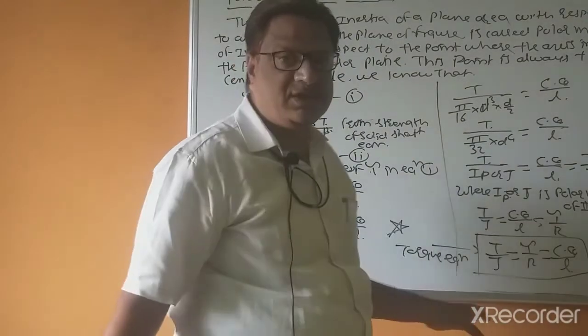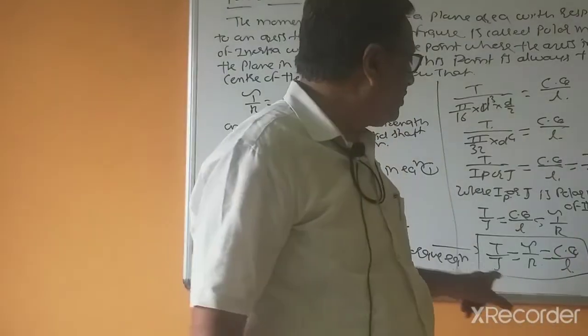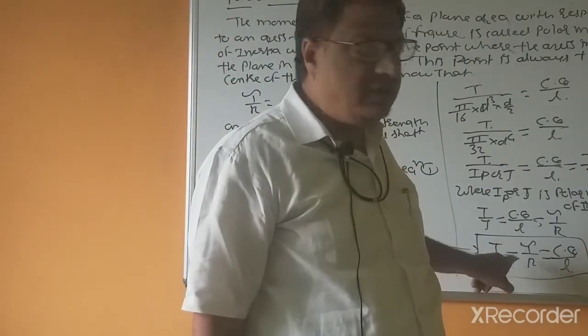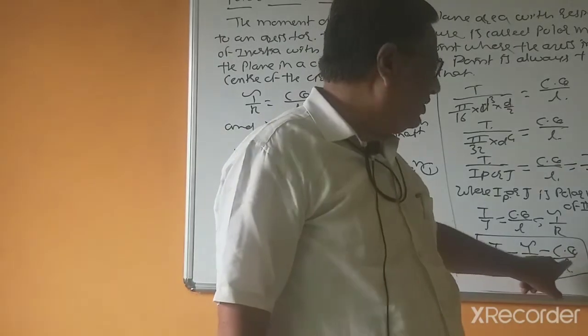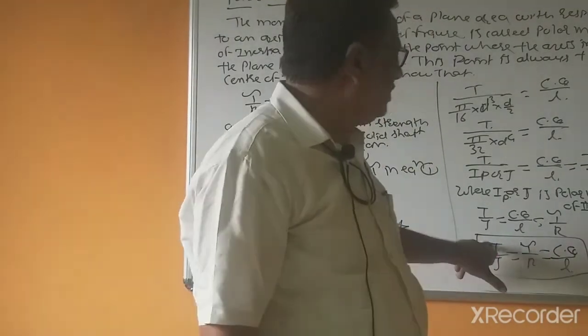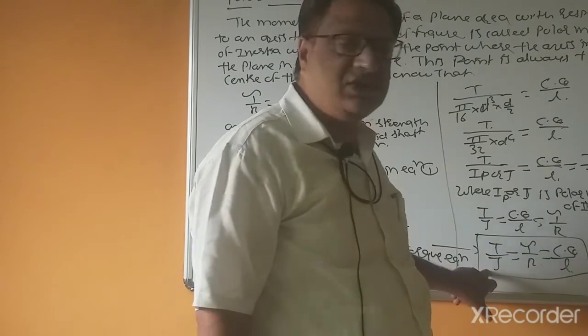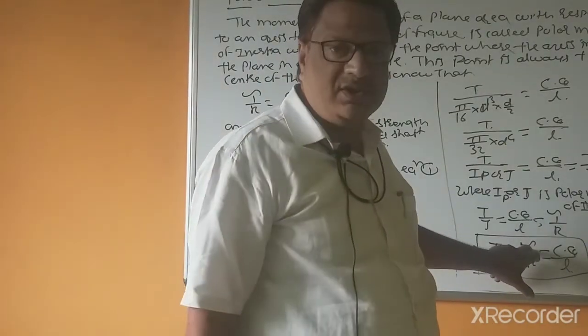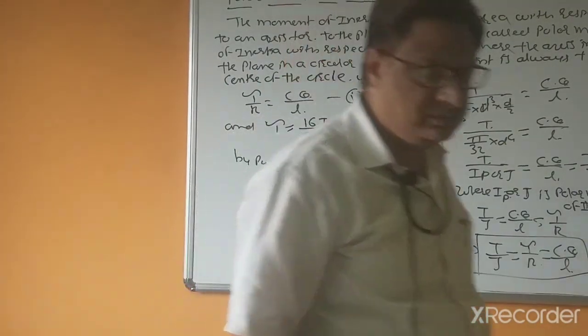So the whole chapter of torsion is based on these relations: T divided by J equal to tau divided by R is equal to C theta divided by L. T is the torque or twisting moment, J is the polar moment of inertia, tau is the shear stress.